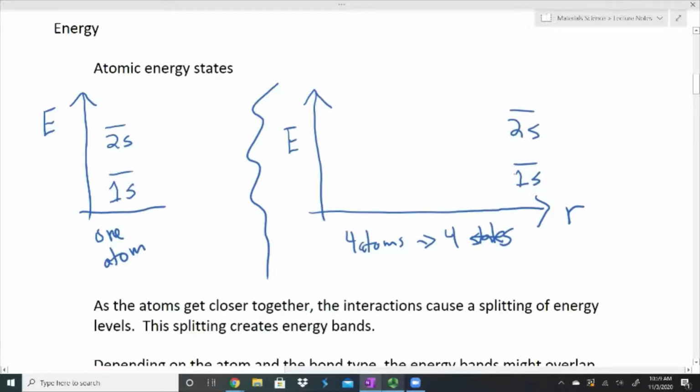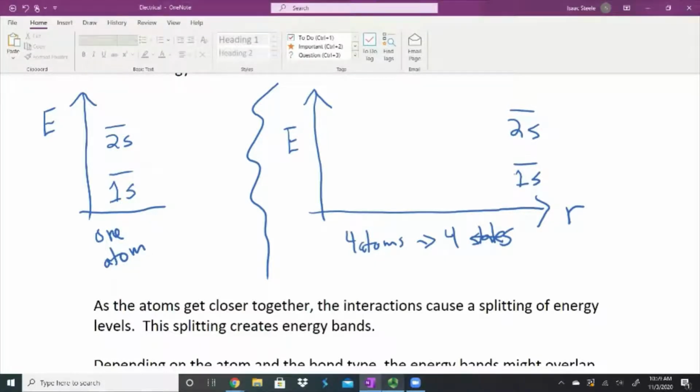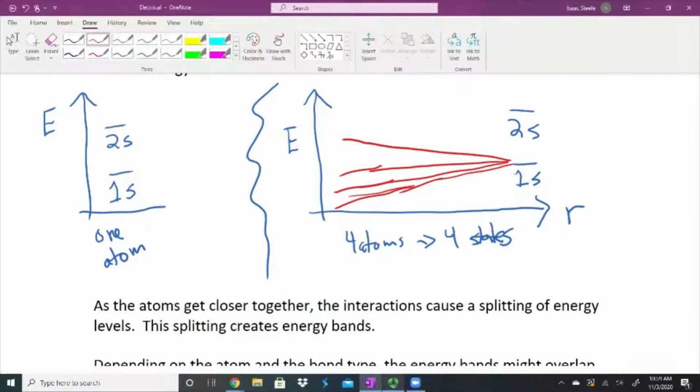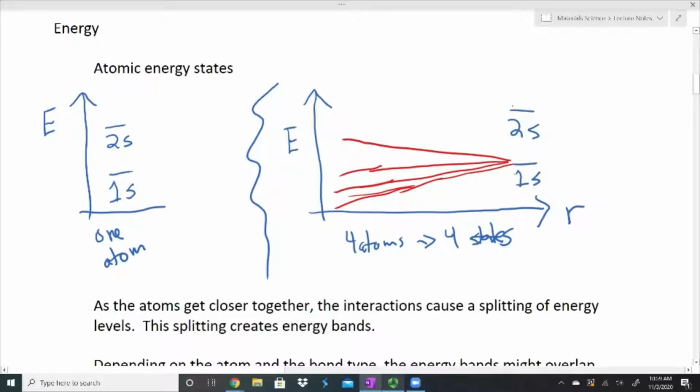But what's going to happen is as they get closer and closer together, they're going to start interacting more and more with each other. And these states are going to start to split apart as they get closer and closer together. And the 2s is going to do the same thing.